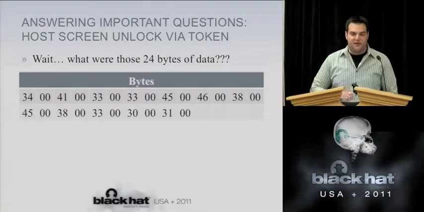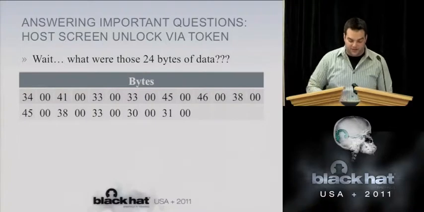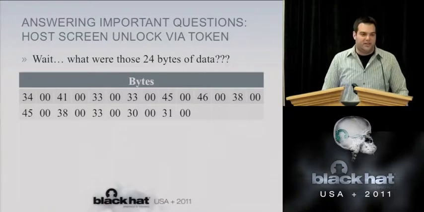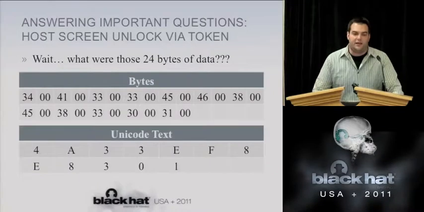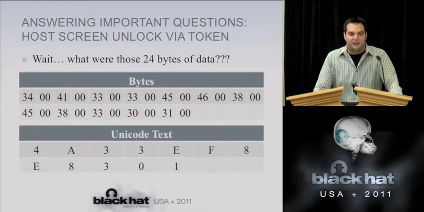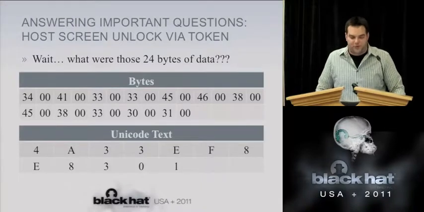So we can look at those 24 bytes of data being sent. This is looking maybe a little more familiar, right? It looks like we have some ASCII text followed by nulls, likely a Unicode string. So if we decode that as Unicode, it's actually the exact same value that we had before with an 01 tacked on, probably just to make it 24 bytes.